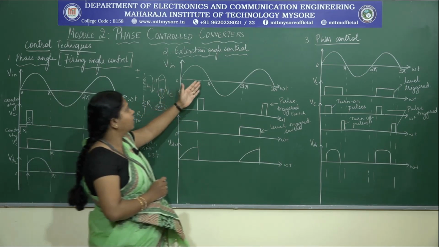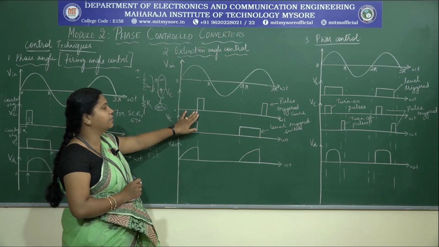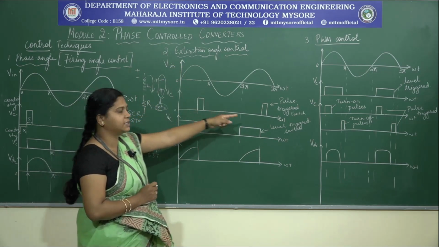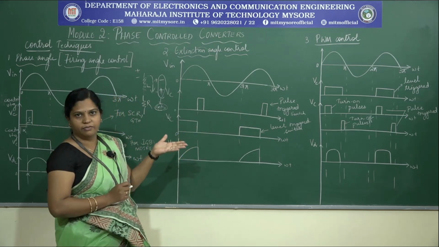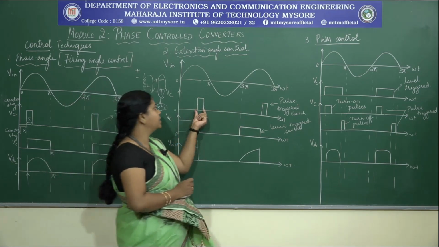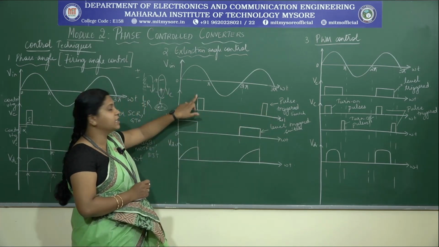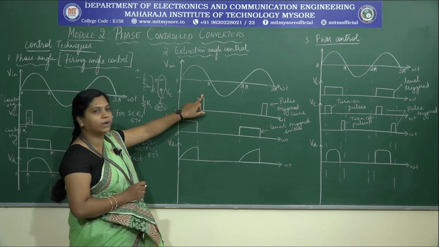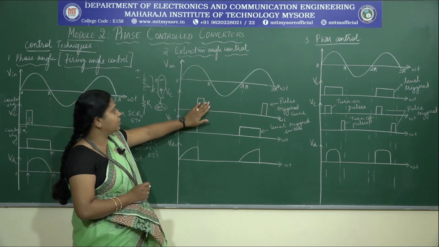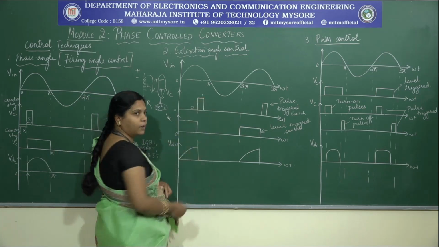Okay. Now what we are going to do in extinction angle control is give the pulse here, depending on whether it is a pulse triggered or a level triggered waveform. That depends on the type of switch you are using. Let us say you are going to use a pulse triggered switch, and this is the 0 level and this is the 1 level.